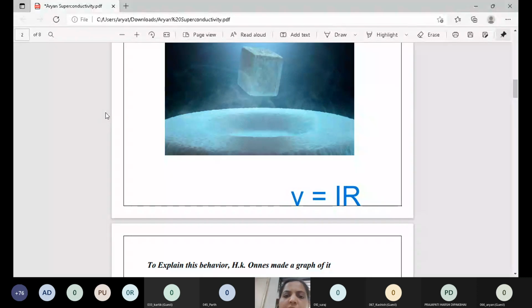In nuclear reactors, Pb is used for shielding. The Tc of Pb is 7.3, 7.4 Kelvin. Now I am keeping the temperature of plumbum less than 7 Kelvin. So have I satisfied the condition T less than Tc?